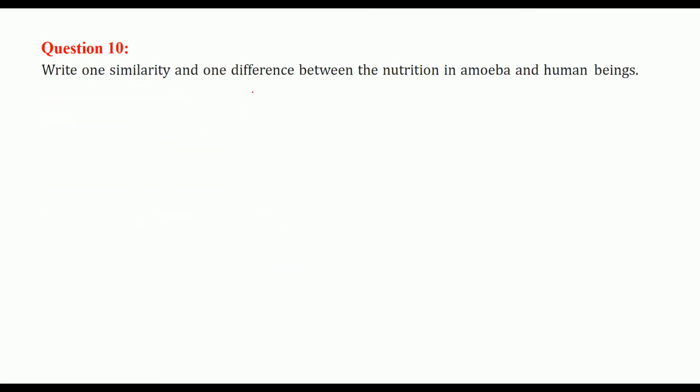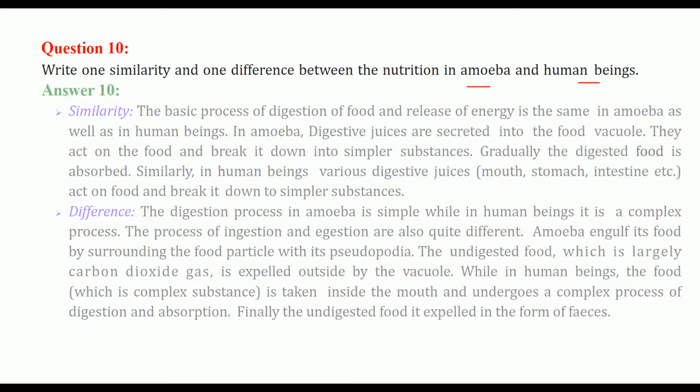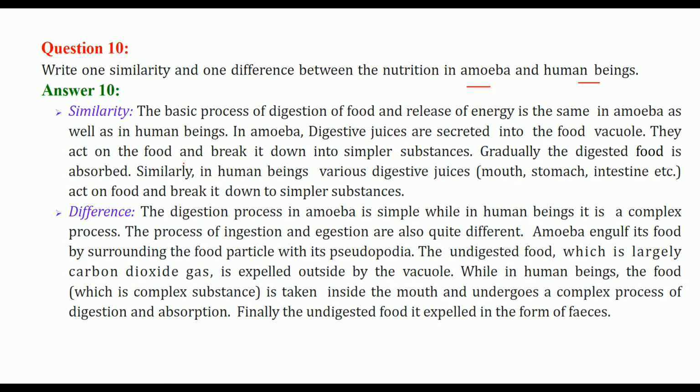Write one similarity and one difference between the nutrition in amoeba and human beings. Let us talk about the similarity first. The basic process of digestion of food and release of energy is the same, whether in amoeba or human beings. In amoeba, digestive juices are secreted into the food vacuole.